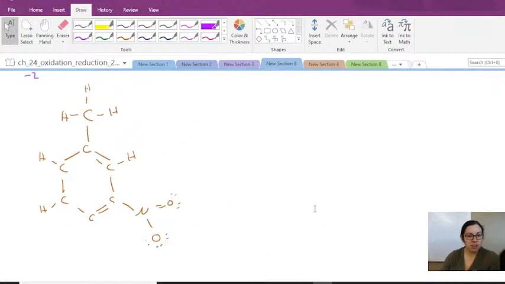M-nitrotoluene. Okay. So yes, find the oxidation state of all those atoms. 0, 0, 0, 0. Oh, and I forgot hydrogen right there. There we go.